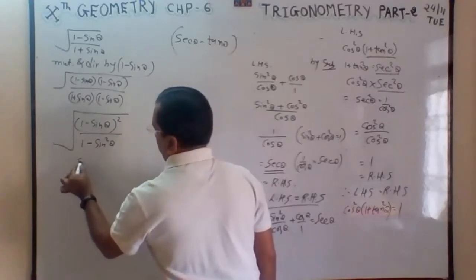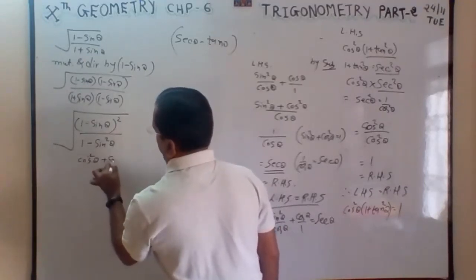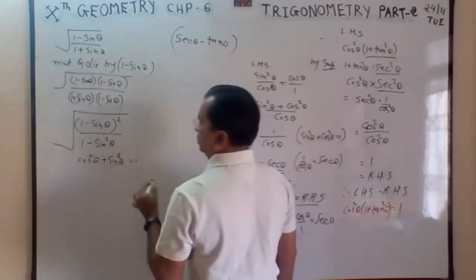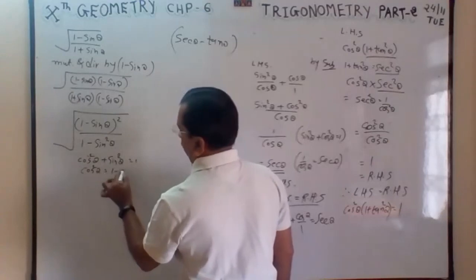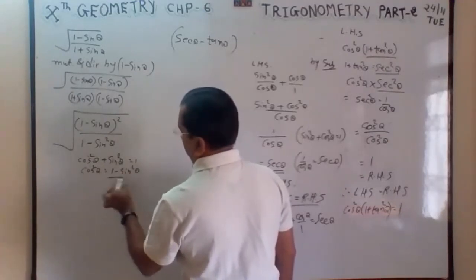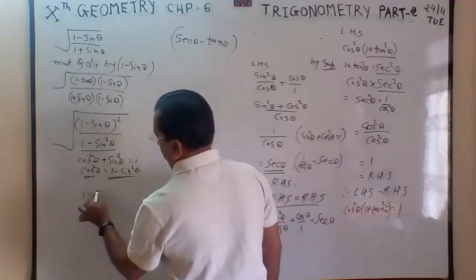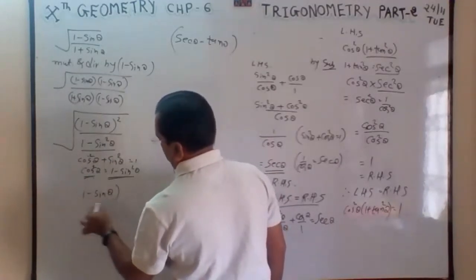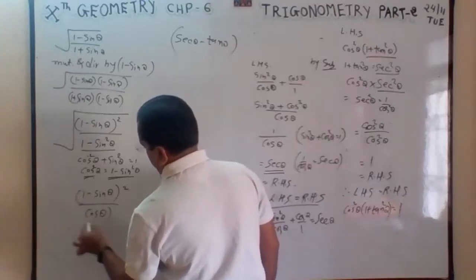Now cos square theta plus sin square theta is equal to 1, so cos square theta is equal to 1 minus sin square theta. So 1 minus sin square theta is what? Cos square theta. So 1 minus sin theta overall square divided by cos theta overall square.